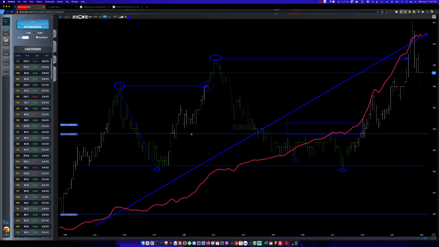Block trades act as support or resistance. Price action coming up, resistance into support. This is a good example here, I'm going to just draw this right here. This is a great example of how dark pool block trades can act as resistance and then become support.